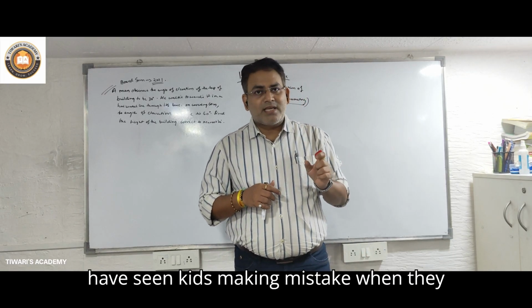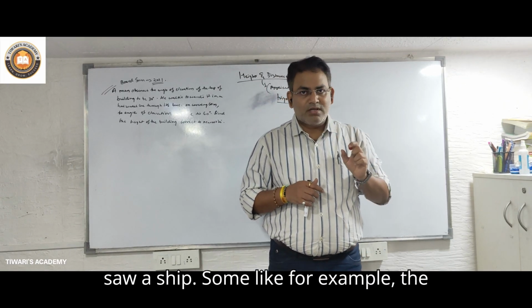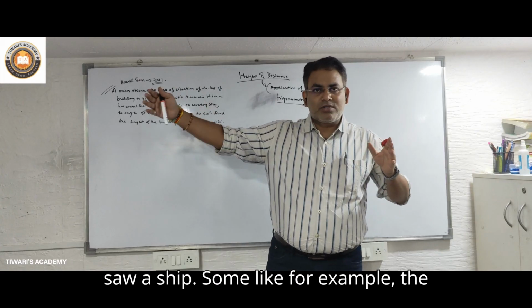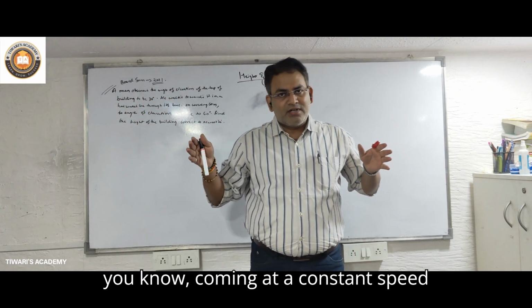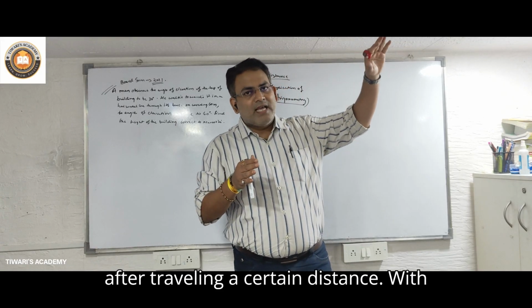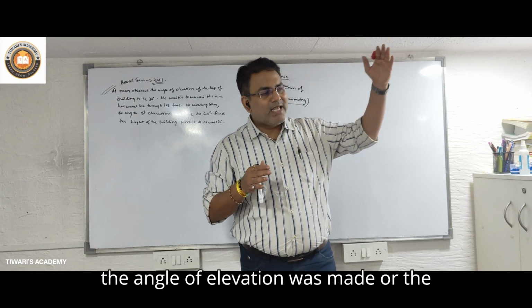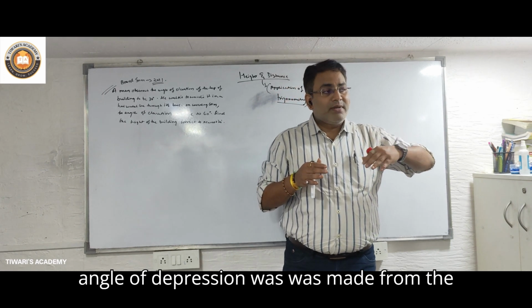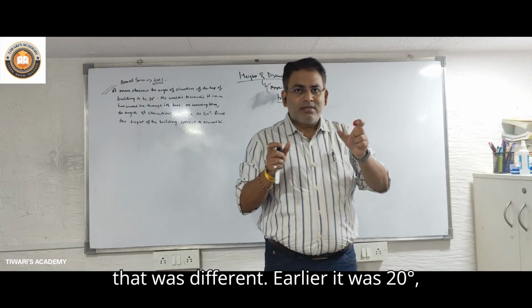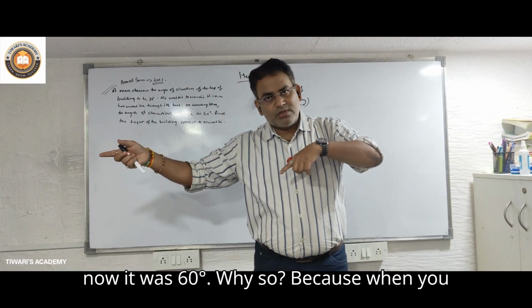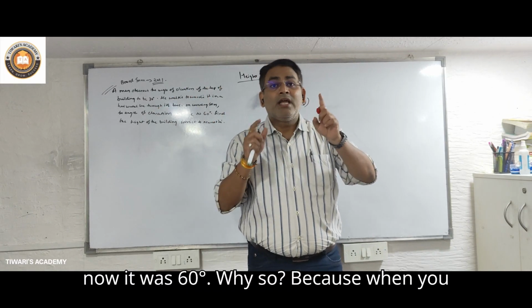I have seen kids making mistakes when they solve a ship sum. For example, the ship was earlier somewhere and was coming at a constant speed. After traveling a certain distance, the angle of depression made from the lighthouse toward the ship was different. Earlier it was 30 degrees, now it was 60 degrees. Why?